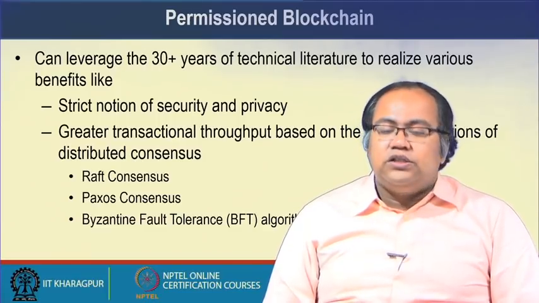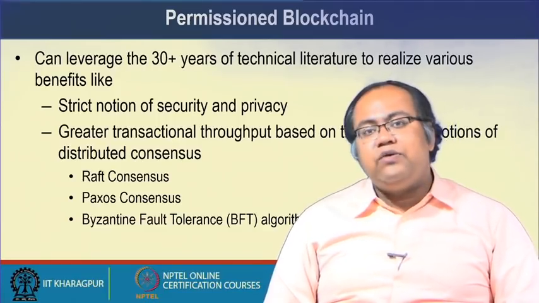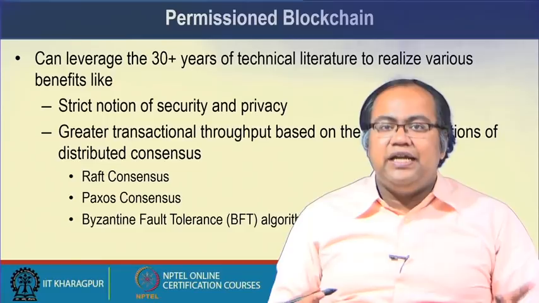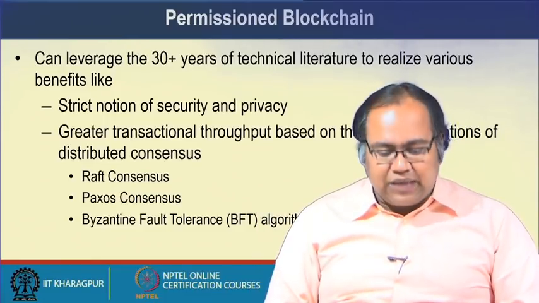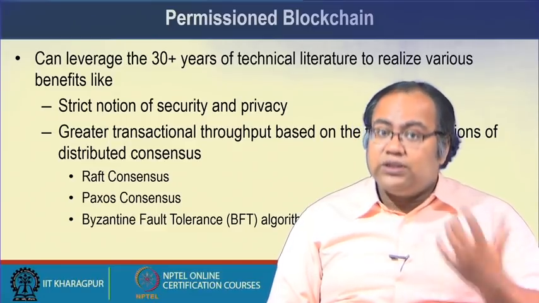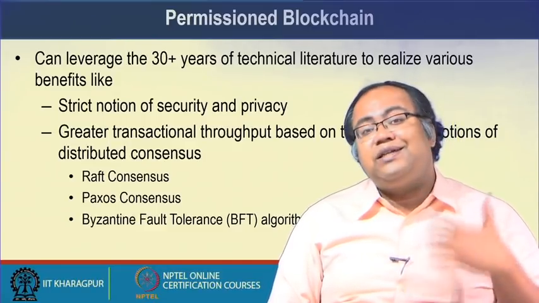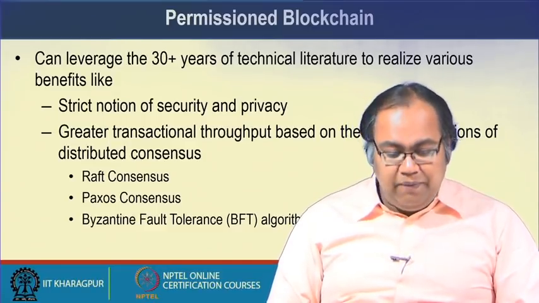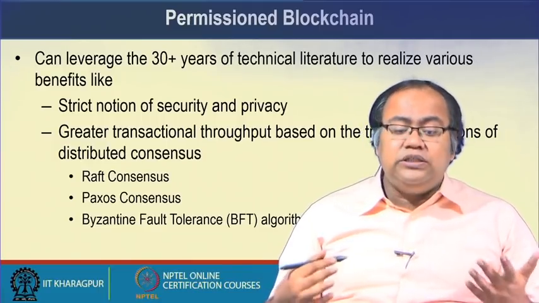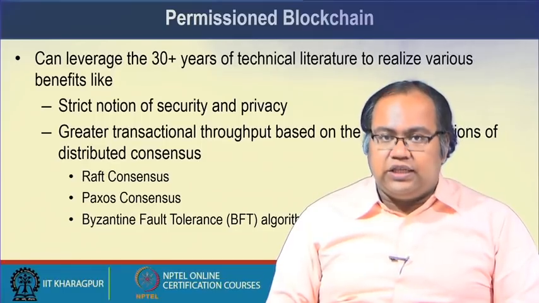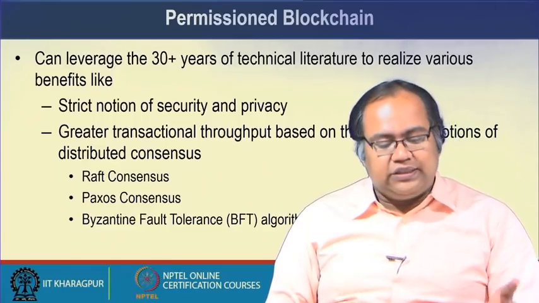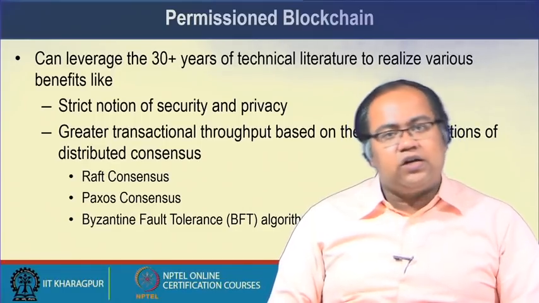the block. So, in the case of permissioned blockchain, you can leverage the existing distributed system consensus algorithms, which were developed in the last 30 plus years, and those algorithms provide a stricter notion of security and privacy, and support greater transactional throughput based on traditional consensus algorithms, like Raft consensus, Paxos, Byzantine fault tolerant consensus.